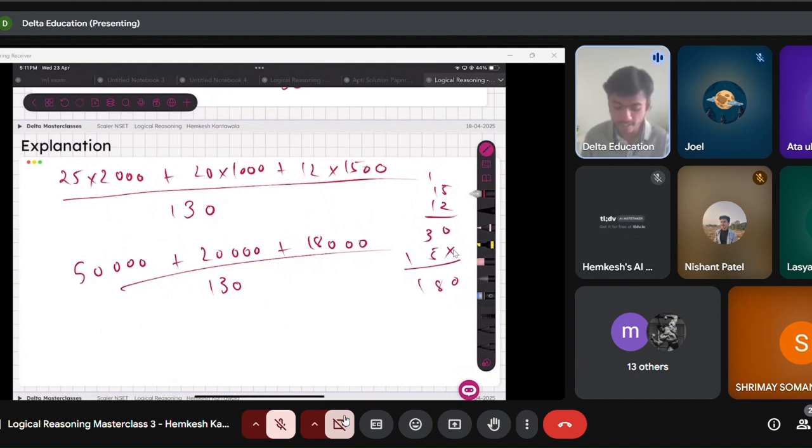So this would be 88,000 upon 130, the zero cancels, which would be 8,800 upon 13. Correct.